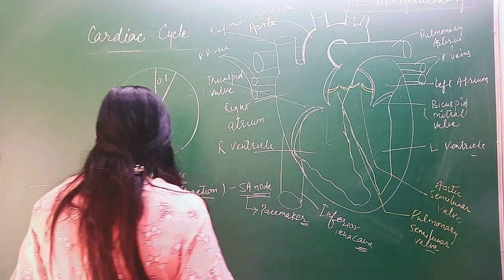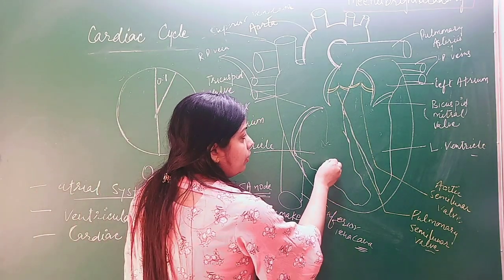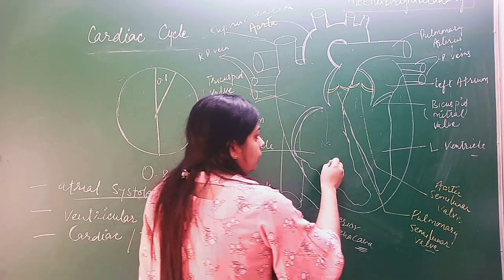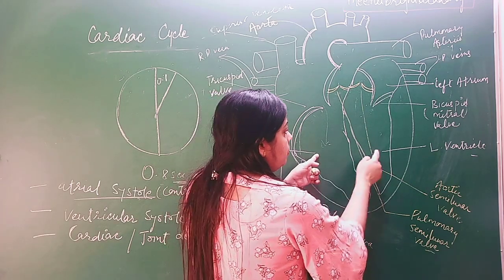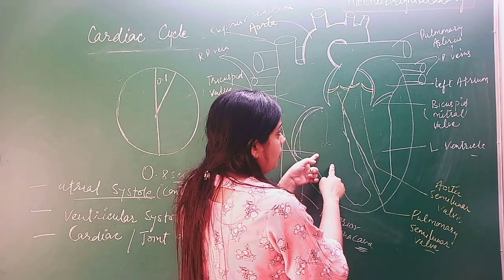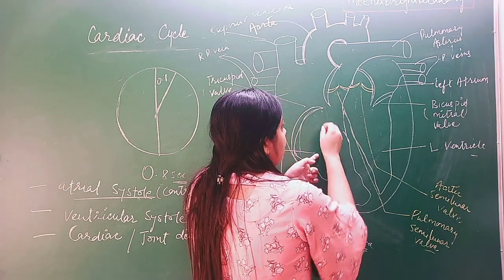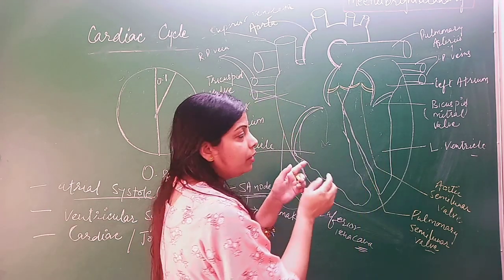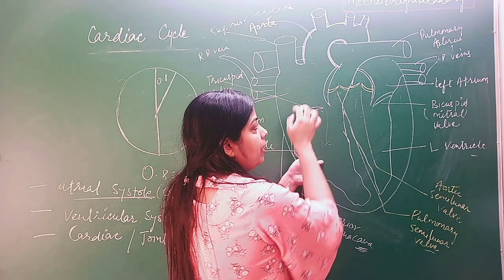Now, in the second event, ventricular systole, the ventricles will be contracting. As the pressure increases inside the ventricles due to their contraction, due to increased pressure these AV valves will be closed. Why? Because now the pressure is more inside the ventricles as compared to the atria.